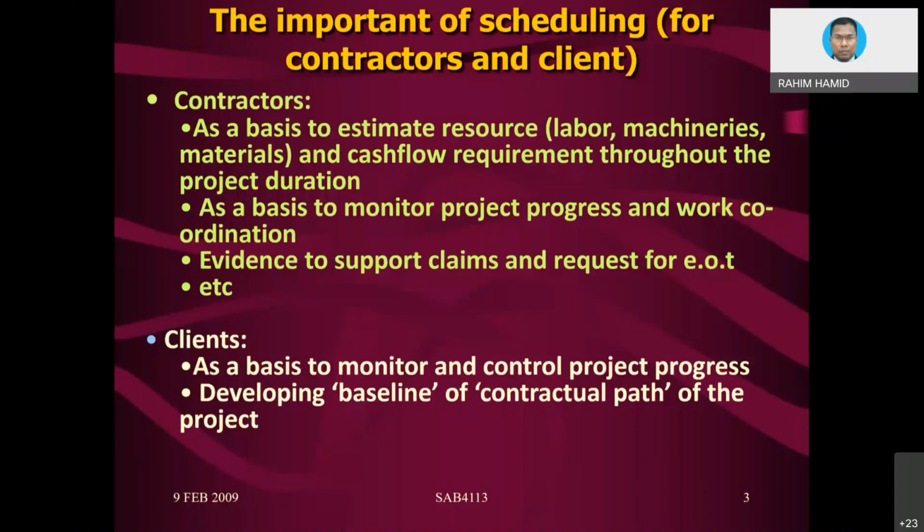EOT: when you want to claim, you cannot simply say, oh okay, we experienced 2 weeks delay, give us some extra time. No. There are many processes. First thing first, when you encounter delay, you need to notify the client that you're experiencing the delay. That's what we call delay notification.